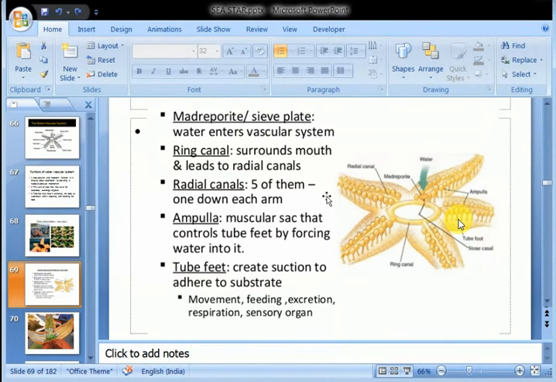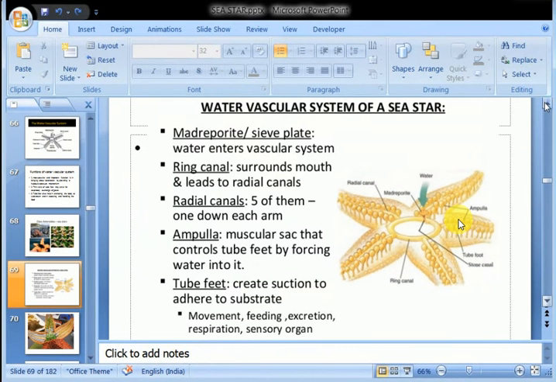Anyway, here now we study in detail what are the different parts of the water vascular system. So one is the madreporite, this one. Water enters through this. It has a sieve plate. There are several pores here in the madreporite.